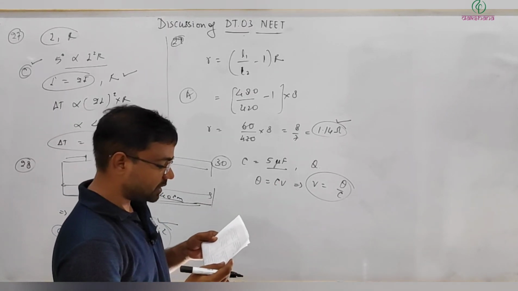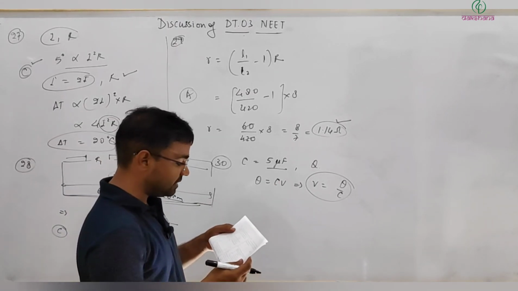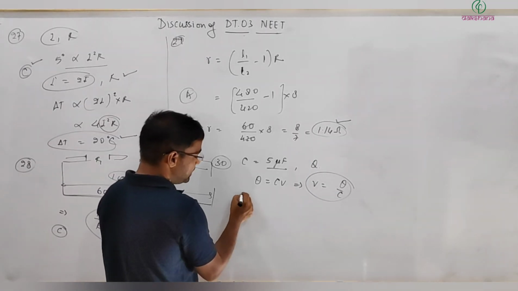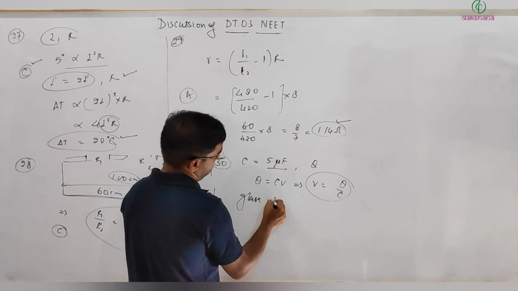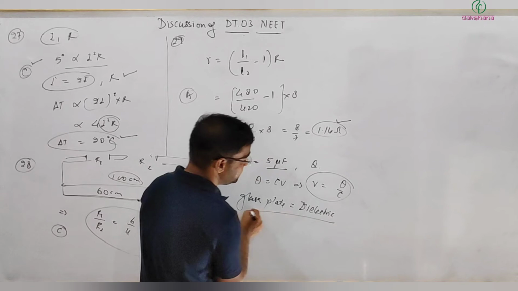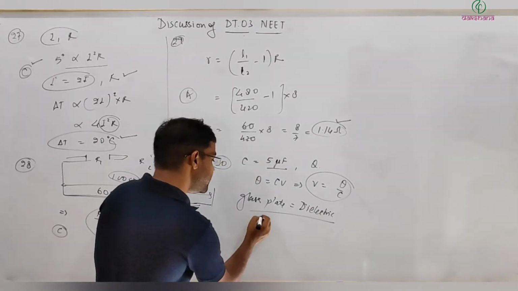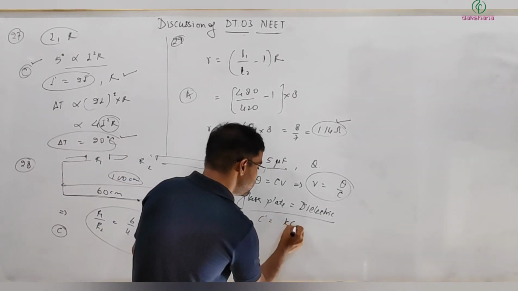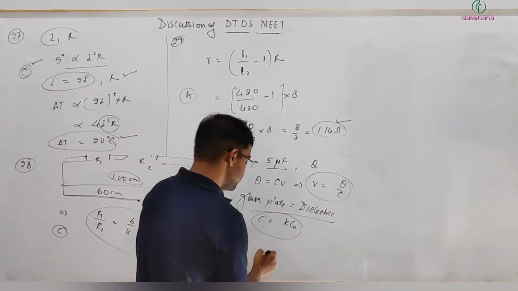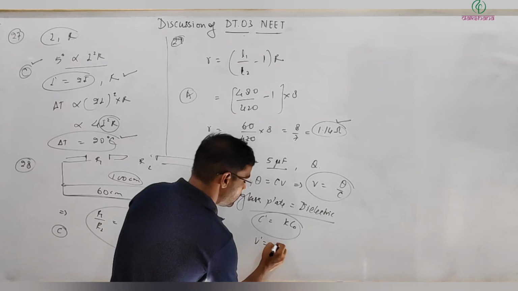When a glass plate is placed between the plates, its potential becomes 1/8 of the original. Glass plate means dielectric. So when the dielectric is inserted, C prime becomes K C naught, and Q will remain constant. So your V prime will be equal to what?